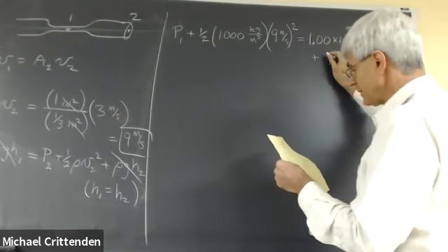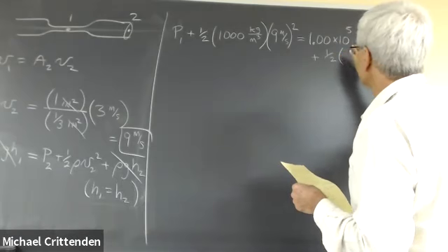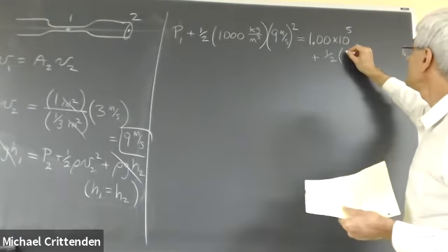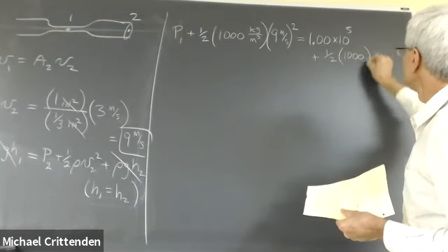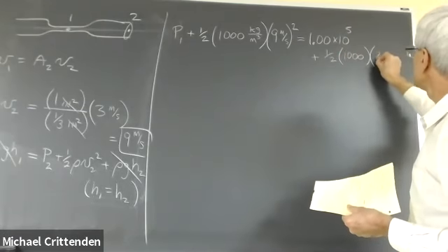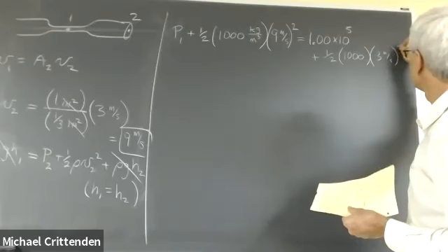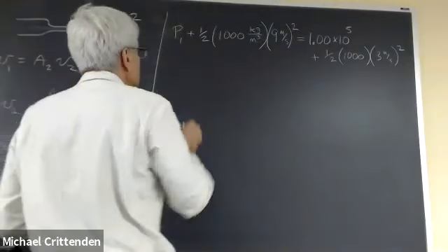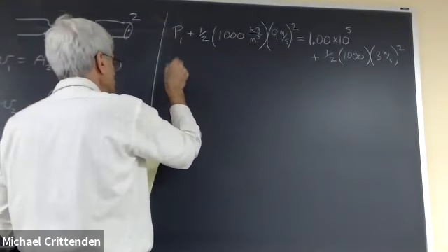Better put the rest of it down here. 1/2 rho v squared over on the right. Same density, but over here, the water is only going 3 meters per second. And a little bit of number crunching now.